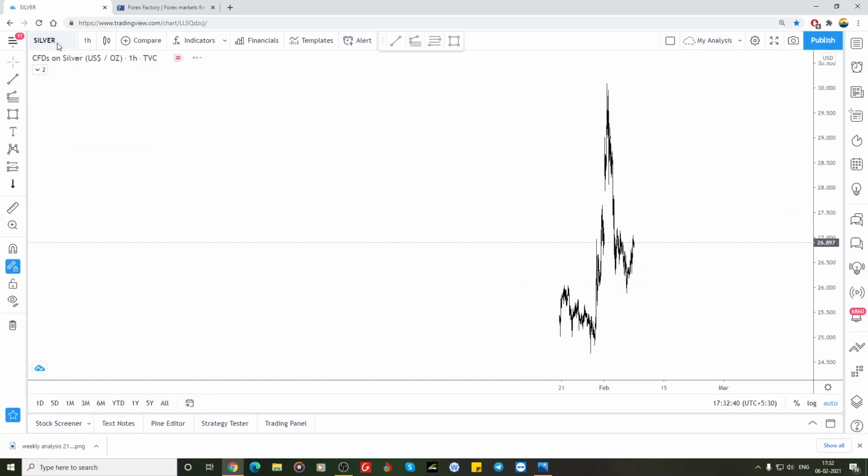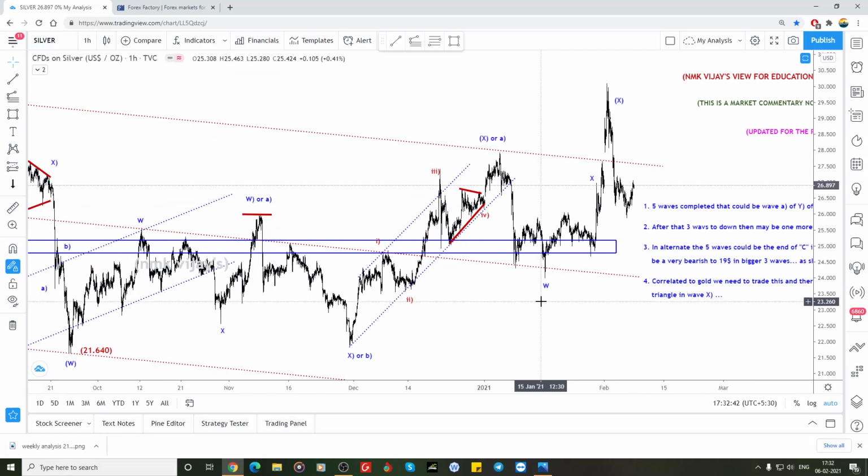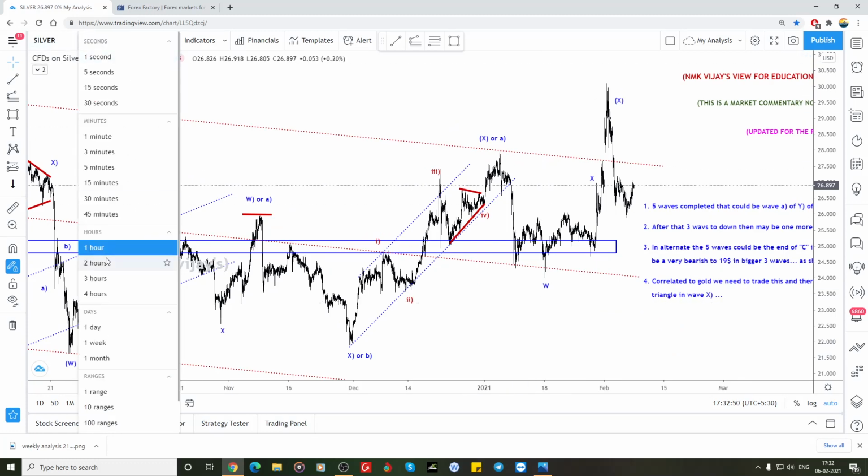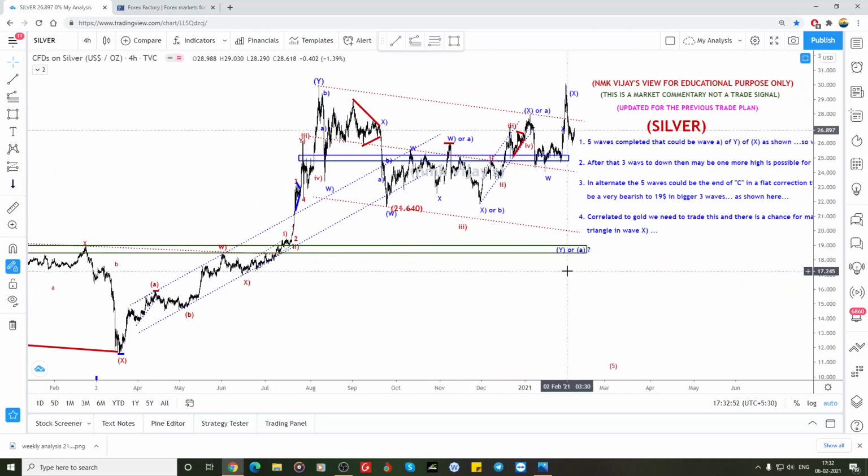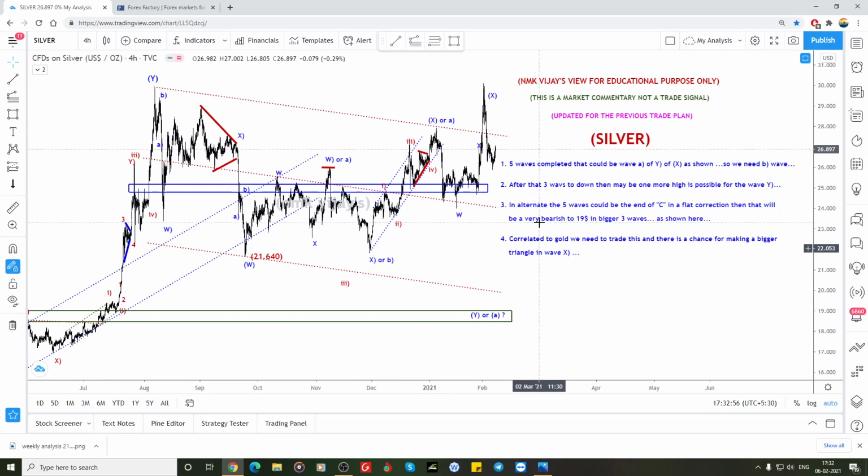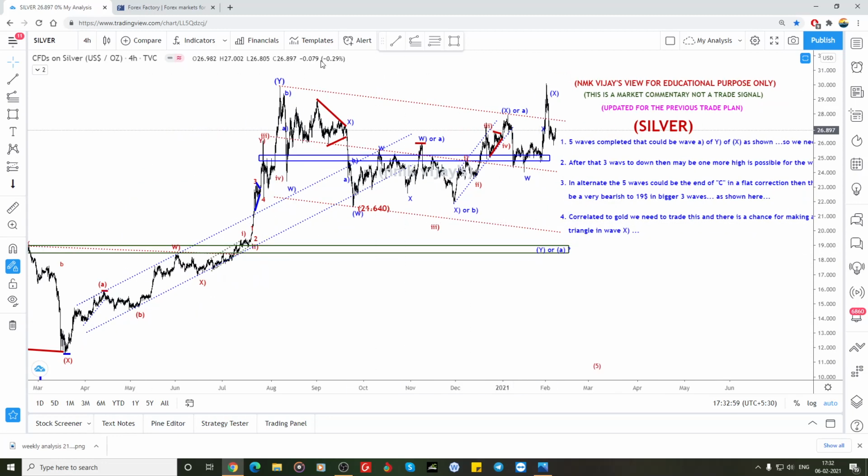Somebody has told me silver is a short squeeze. Last Saturday I got a message from one of my friends that silver is going to shoot to 100K. Sorry, it's $100. Whatever, I don't know about those things, but it has already broken the high.